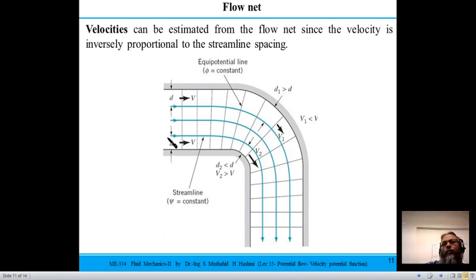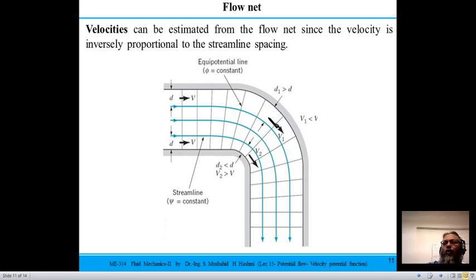As the flow moves over the bend, close to the inner radius the distance d2 is somewhat smaller than d. At the outer radius, the distance d1 is greater than the original distance d. So at this turn, the distances are different.